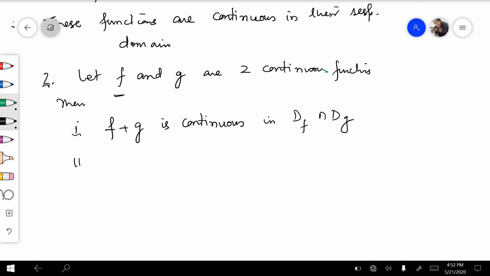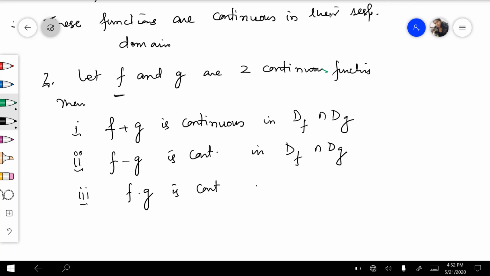Similarly, f minus g is continuous in domain of f intersection domain of g. Third, f into g is continuous in domain of f intersection domain of g.